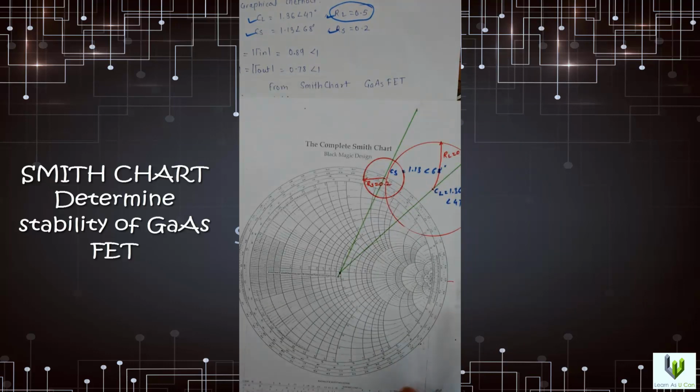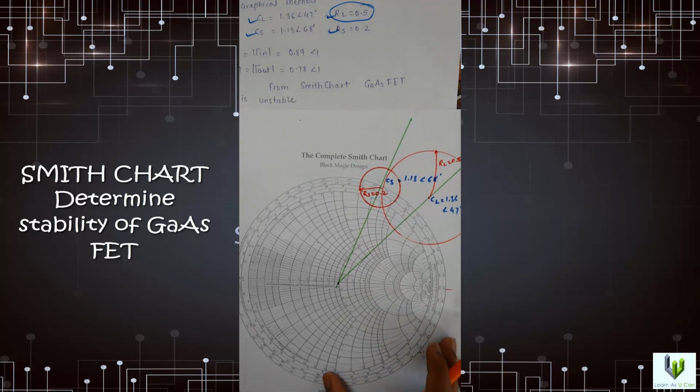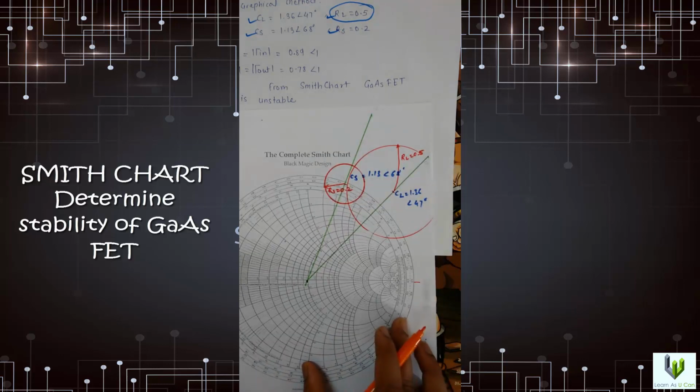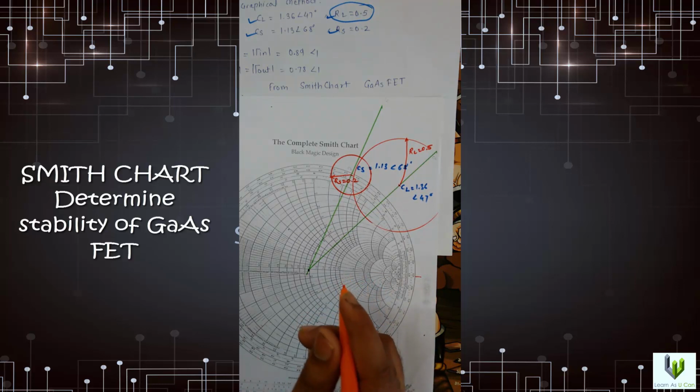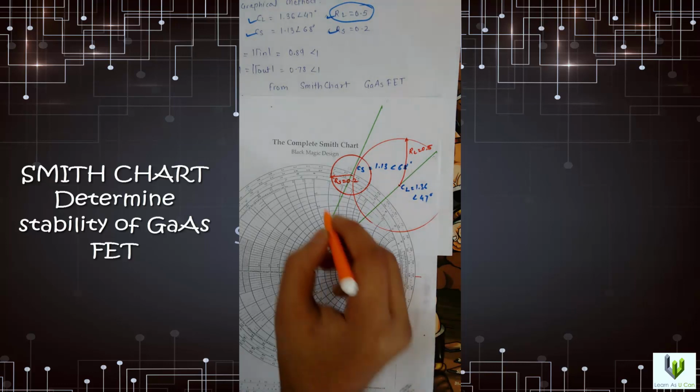You can see S11 is less than 1 and S22 is also less than 1. So gamma in and gamma out circle. So we have to find the stable region.